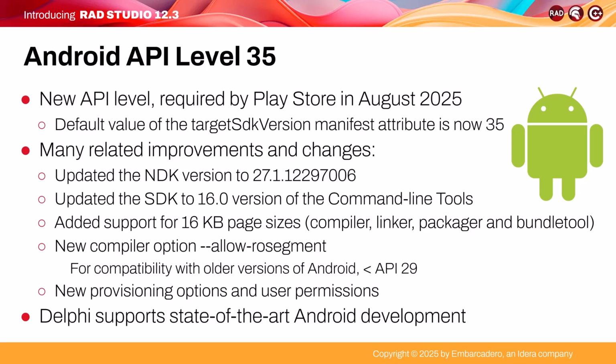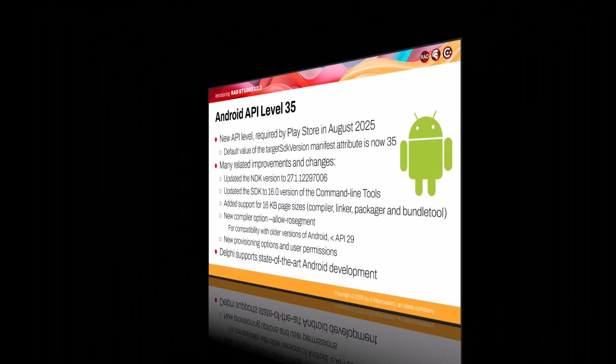And we added new provisioning options and user permissions. This means that Delphi supports state-of-the-art Android development. This is an area that we are excited about, that we like to work on, and we can't wait to see what kind of apps you will build with Delphi for mobile in the future. Now, over to David. Thanks, Nuno.